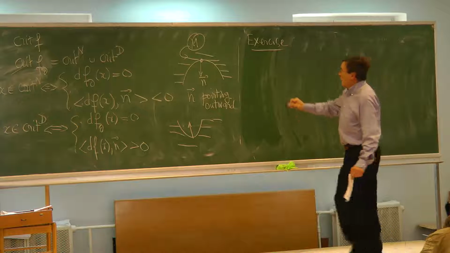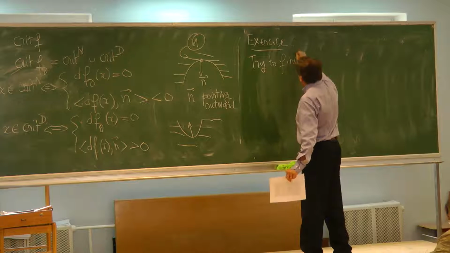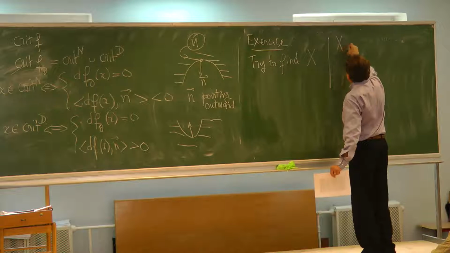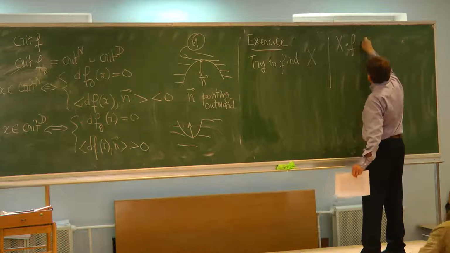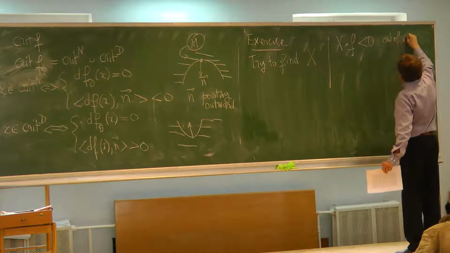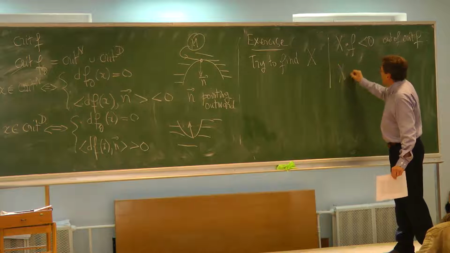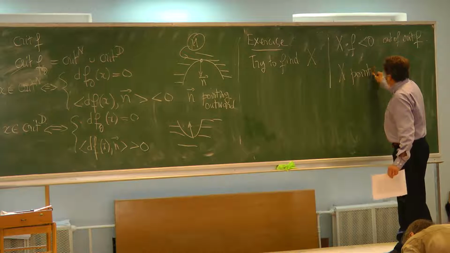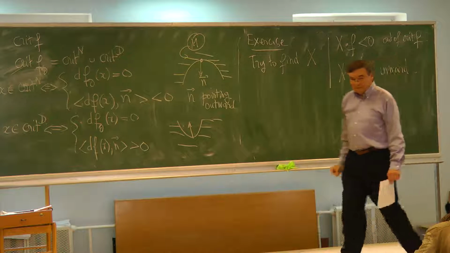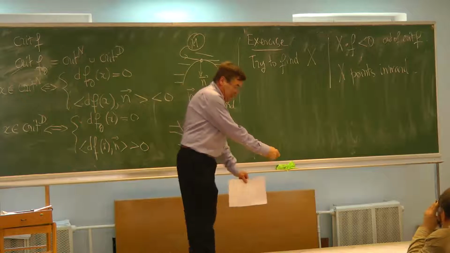Try to find x with the following properties. x derivative in f is negative, out of f, and x points in. Find such a vector, which is descending and pointing in.